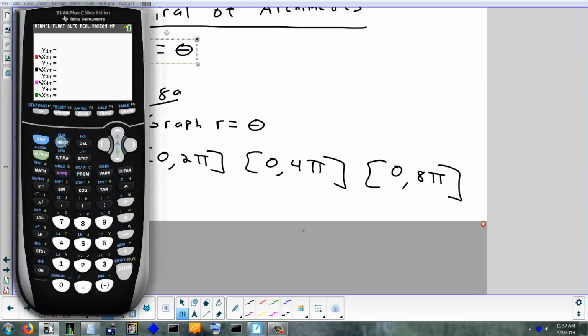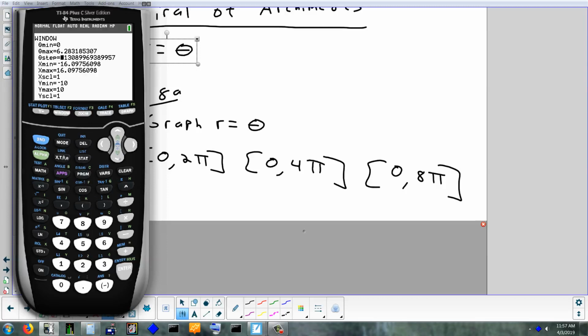If I graph, let me go back to polar. If I graph a spiral from 0 to 2 pi, how many revolutions of the spiral am I going to get? From 0 to 2 pi. Now, 1. Just 1. Now, I'm going to set it to 2 pi.